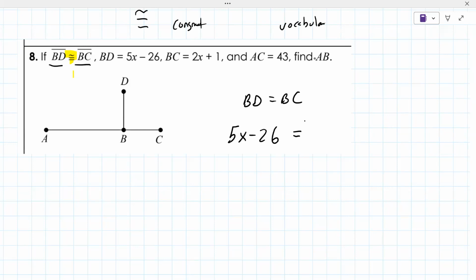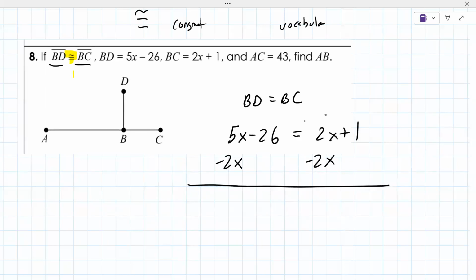It's 2x plus 1. Right. So which is smaller, the 5x or the 2x? 2x. Okay, so you're going to move that to the other side. What is 5x minus 2x?